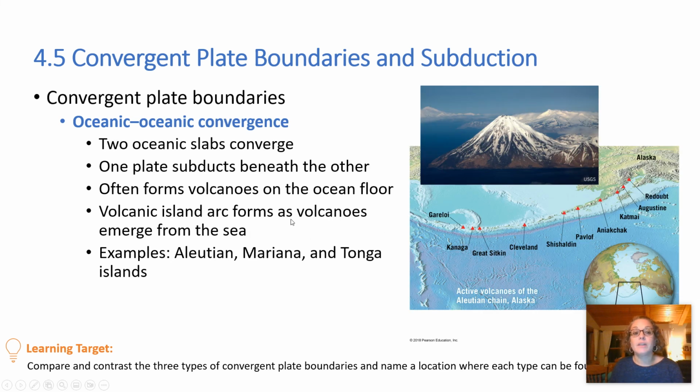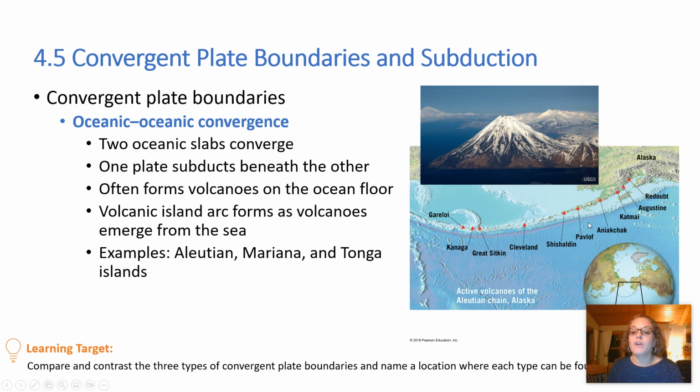The second type is ocean-ocean convergence. We have two ocean plates that come together, and anytime an ocean plate's involved, we are going to get subduction. So the more dense plate will subduct underneath the less dense plate. We still get volcanic activity because we still have subduction dragging the plate underneath with water, lowering the melting point of the rock, and we form magma near the crust that erupts as volcanoes.